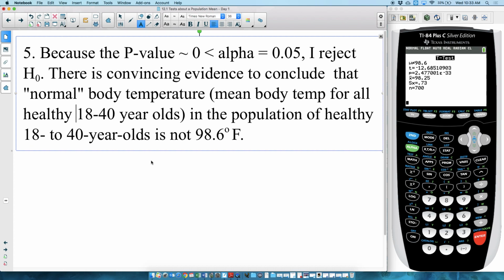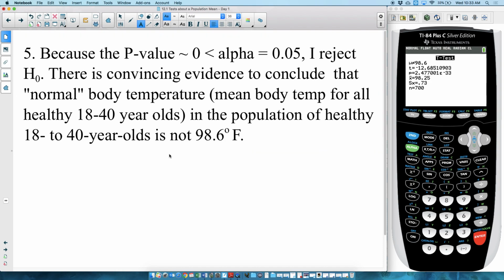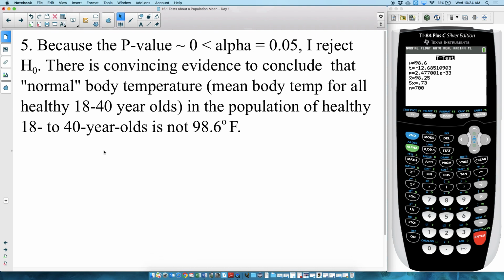Either is okay. I like to stick with that all because then you remember it, but I also steal the context of their questions a lot too. No, because they said the word population. That means all.